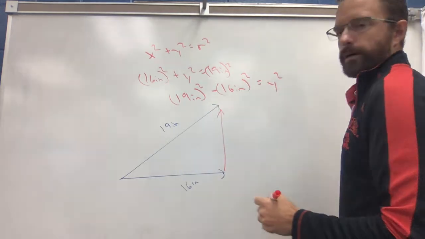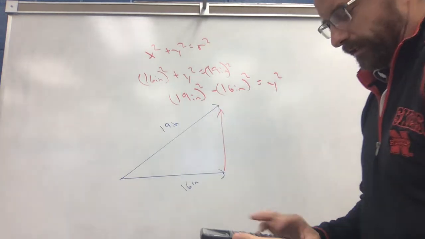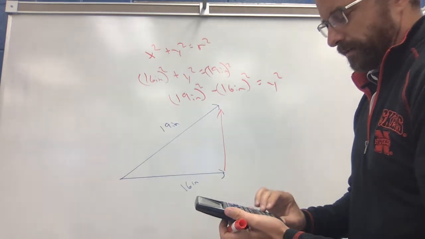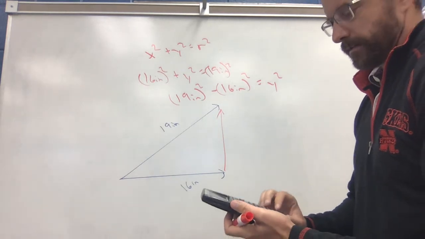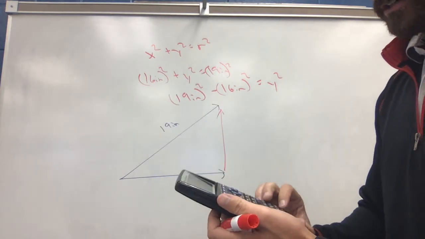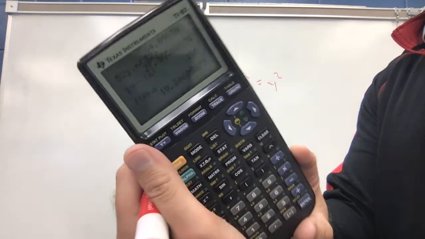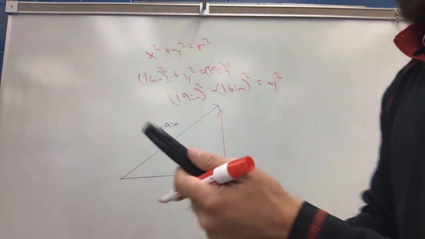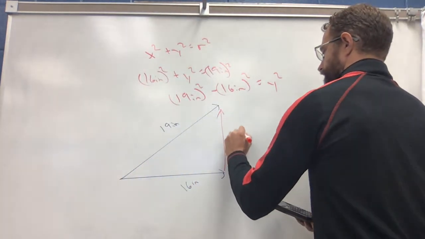So I need to square root both sides then, right? So I'm going to go ahead and go to my calculator at this point. 19 squared minus 16 squared equals 105. So then I do square root of 105. Square root of 105 is 10.2 then, right? So this value is 10.2 inches.